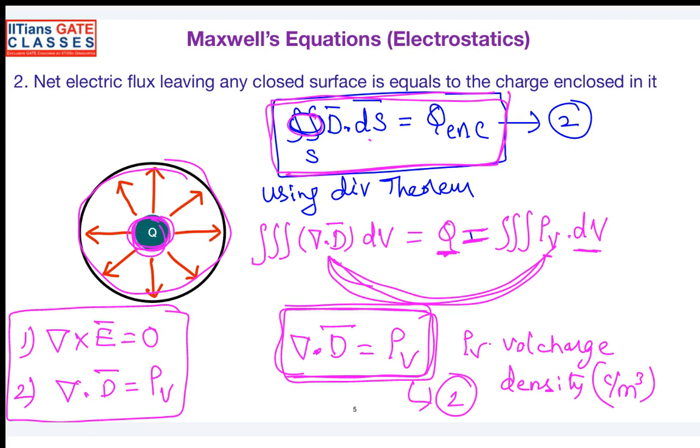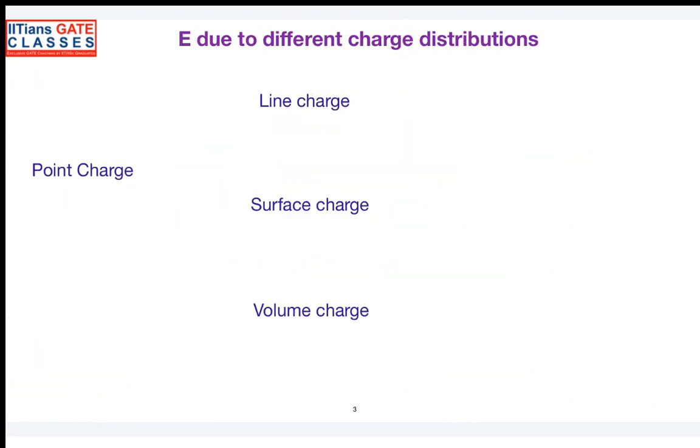Okay, now we'll go back to this one, the electric field intensity due to the different types of charges. In the case of a point charge, we know the electric field intensity will be Q by 4 pi epsilon R square into a_R.